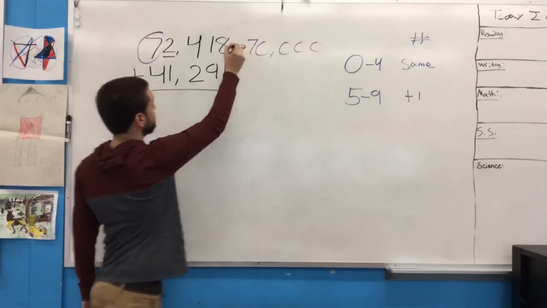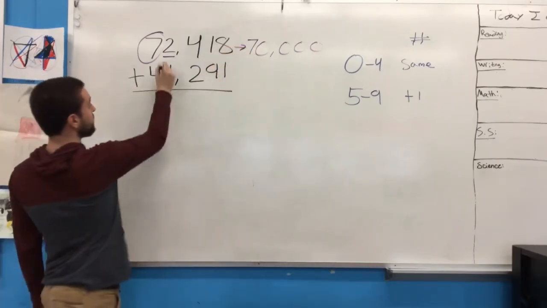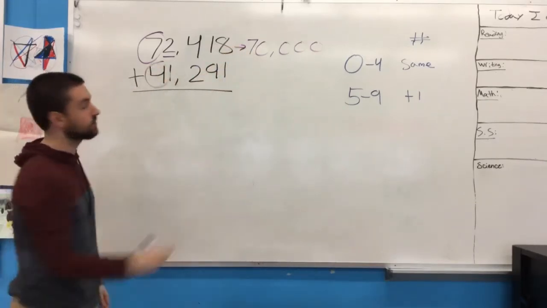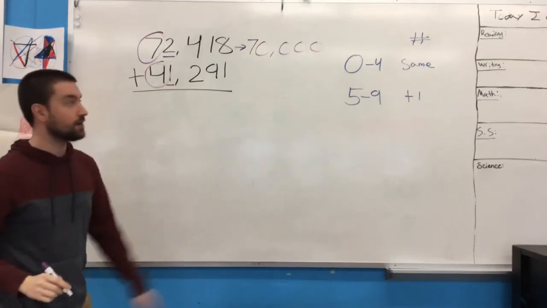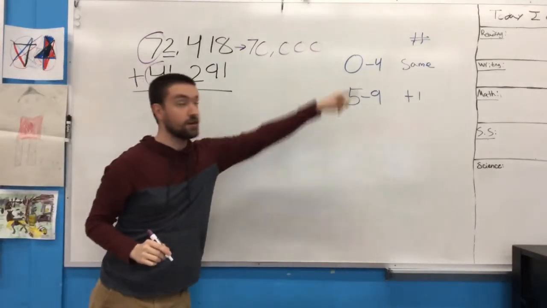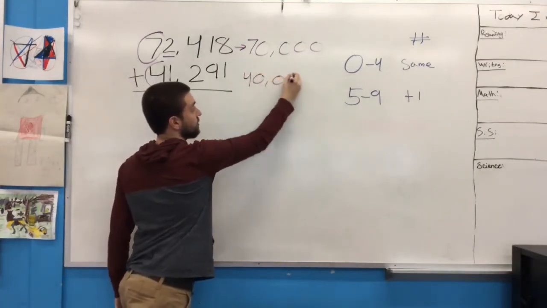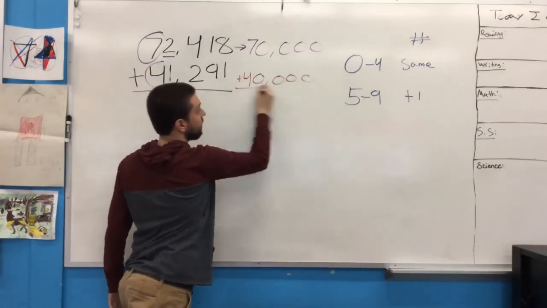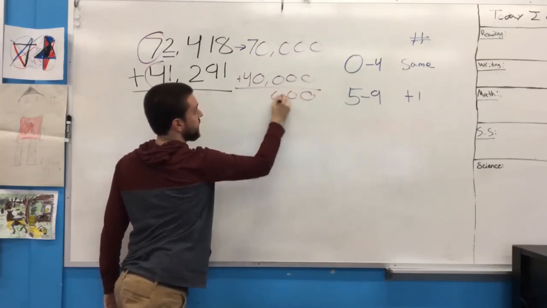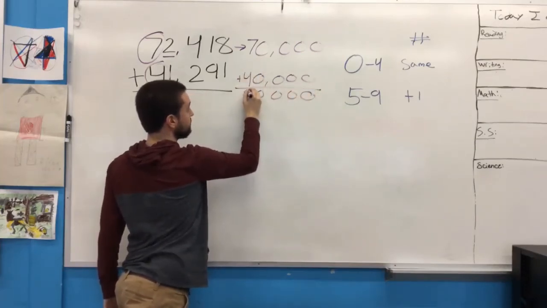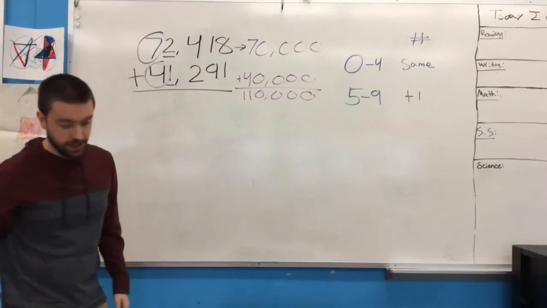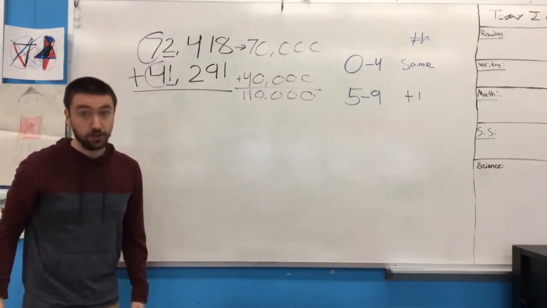Let's do the next one. Circle that place value, move to the right, underline it. 0 to 4, the number stays the same. So we keep our 4. All the other numbers become a 0. So if we add it up, 110,000. It's pretty close to the student answer.